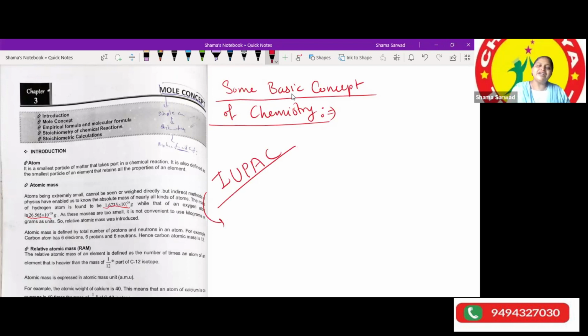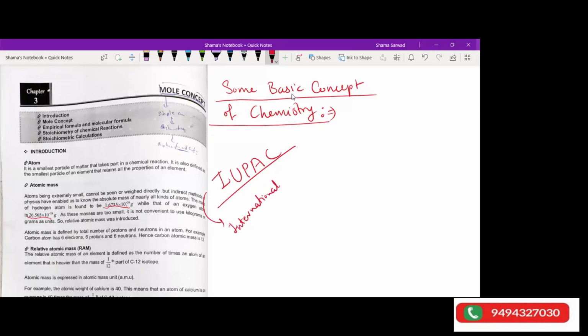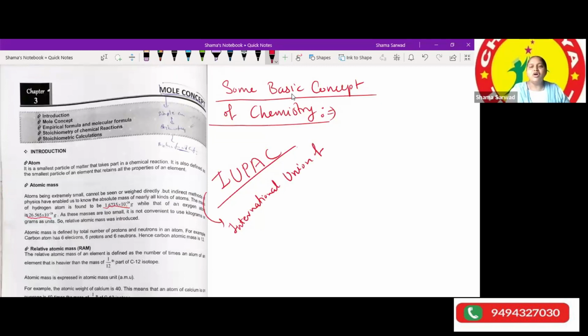Yes. Please write it down somewhere. It's very important. International Union of Pure and Applied Chemistry. And the short form is the IUPAC system.